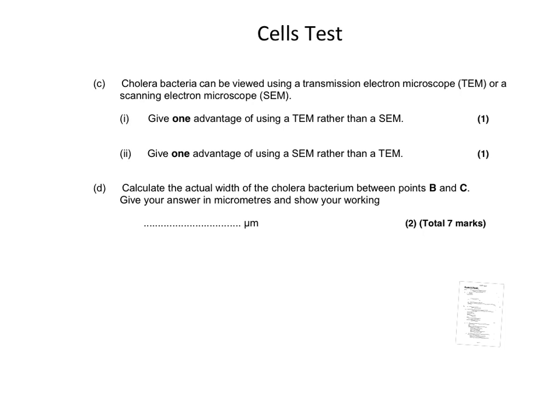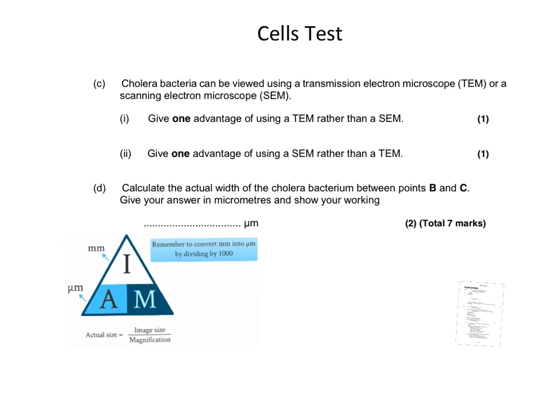Okay, 2D, another cell microscopy question. They now want you to calculate the actual width of the Chlorobacterium, and they quite conveniently give you points B and C to measure. And it says give your answers in micrometers and show your working.